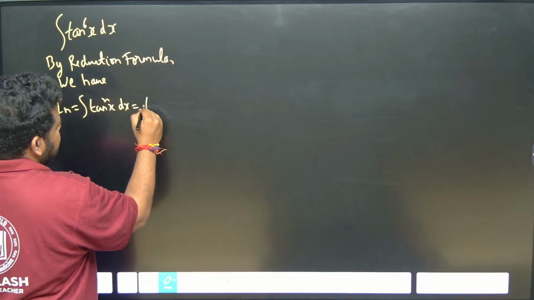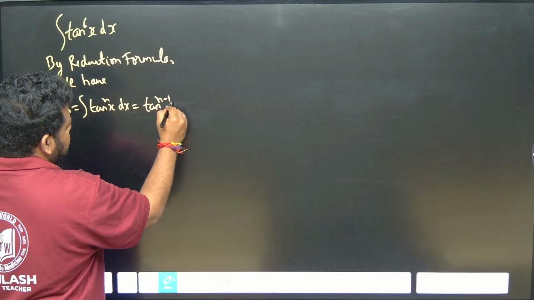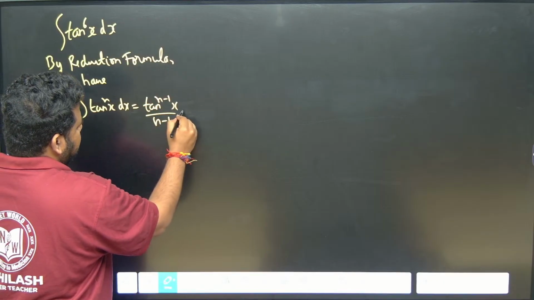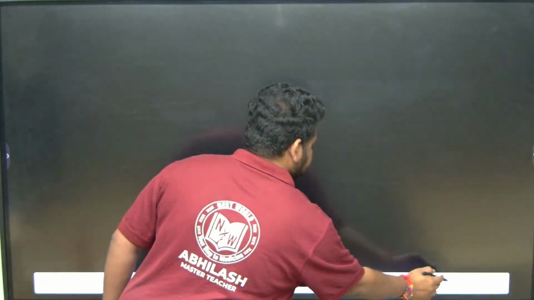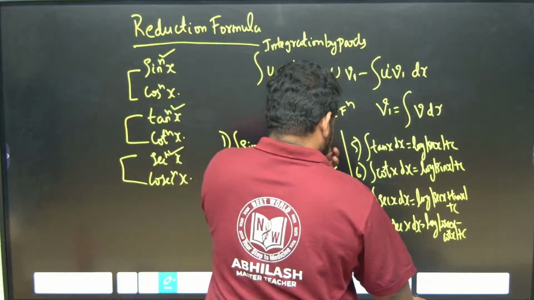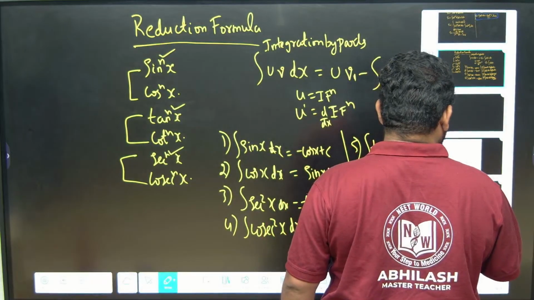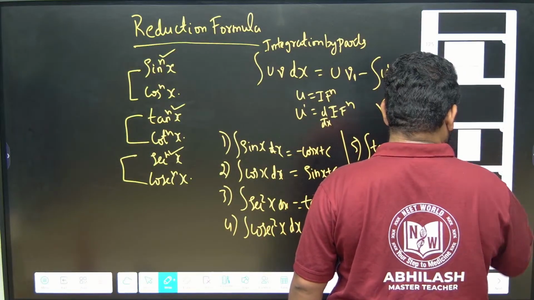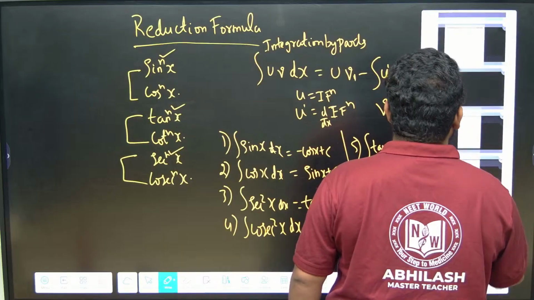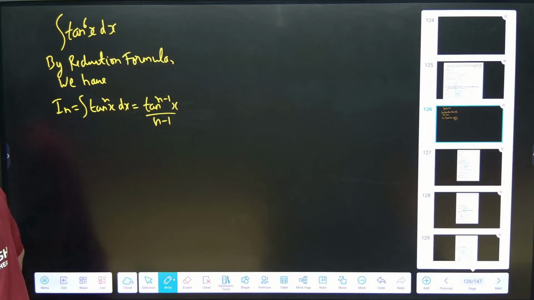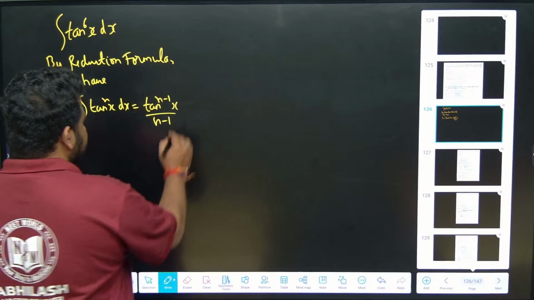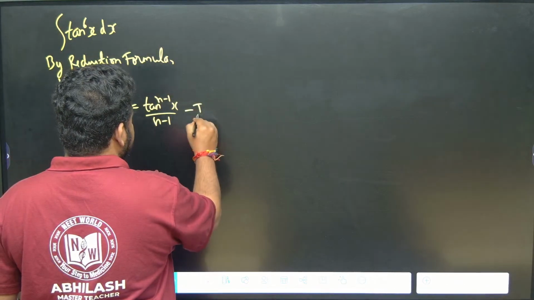Is equal to tan power n minus 1 x by n minus 1. Let me write down the formula: tan power n minus 1 x by n minus 1 minus I_(n minus 2).